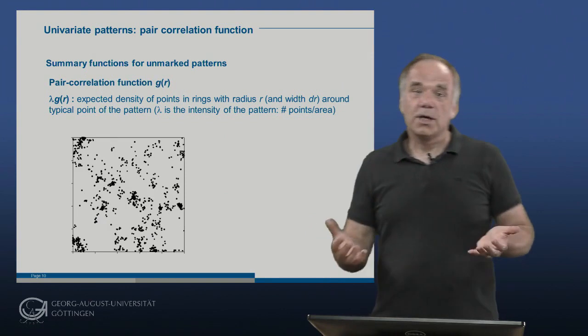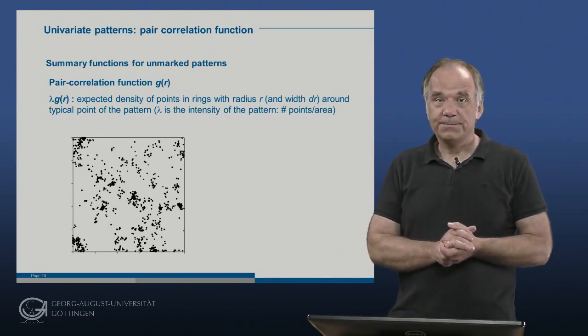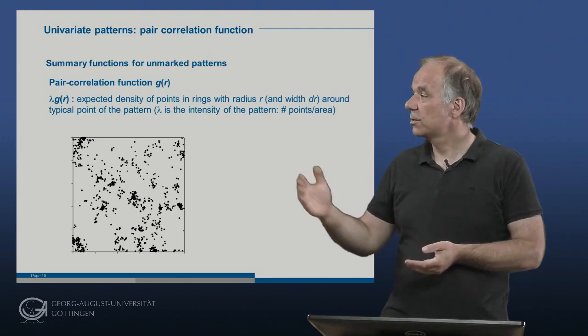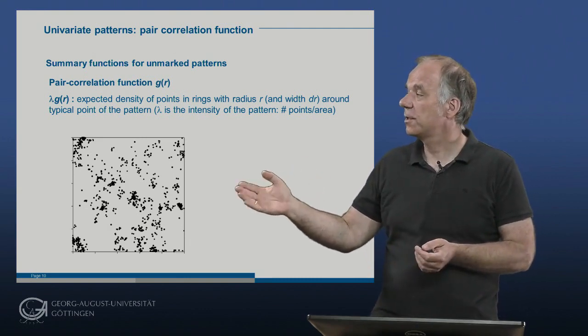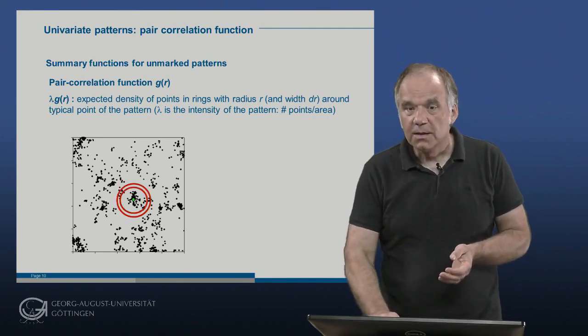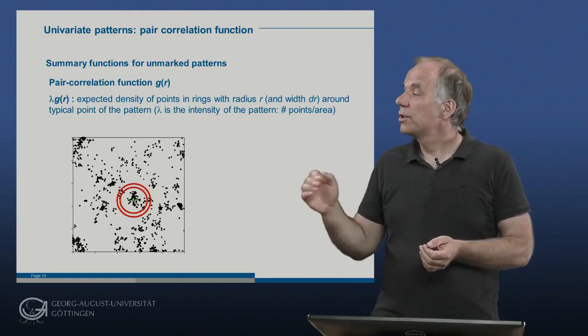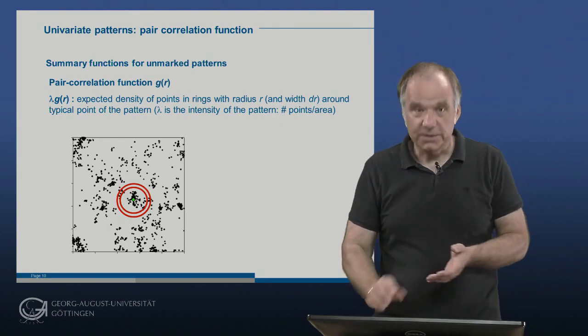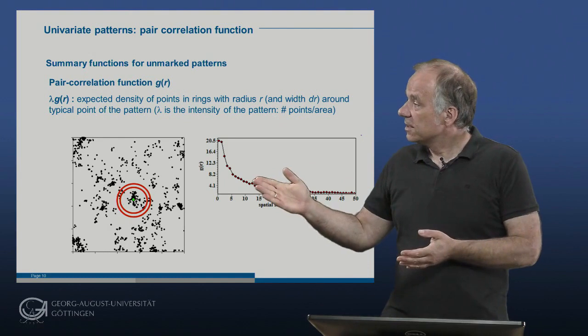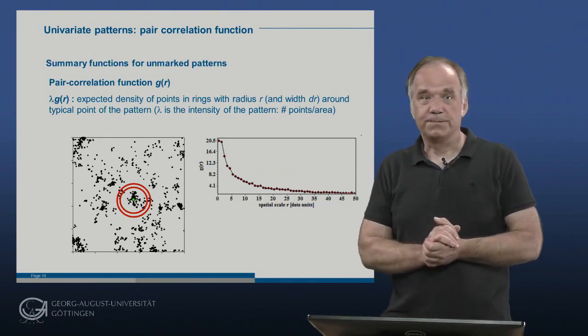Here now I want to show you one example of how the percolation function looks for an aggregated pattern. So again, here we have our example aggregated pattern. Again, we have the typical point and the ring around the typical point. And this is now the percolation function.